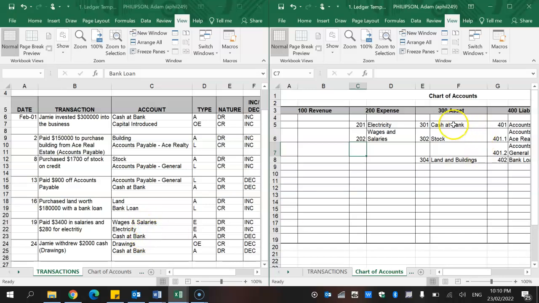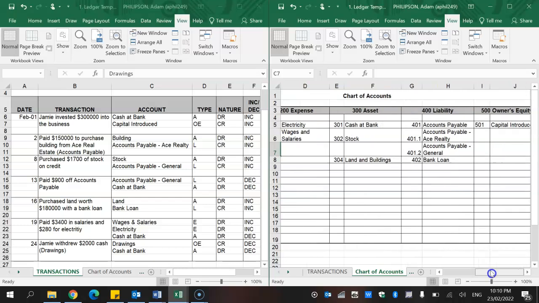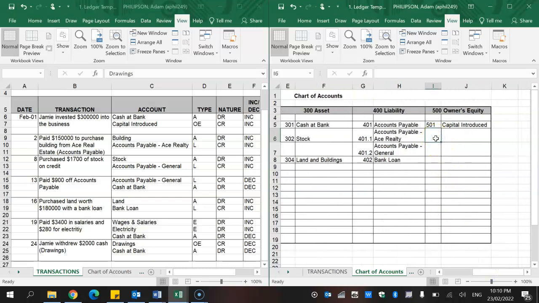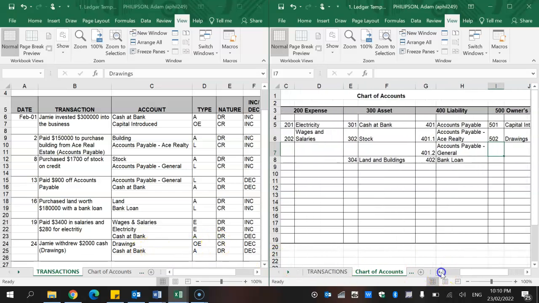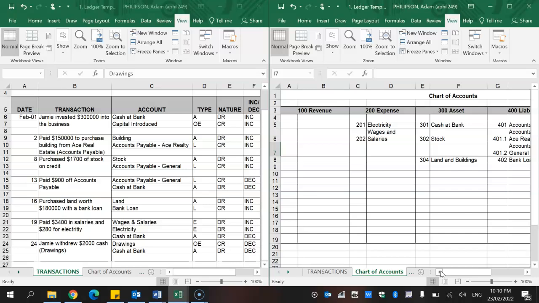Cash at bank, we've already got, so we don't need to put it in again. Drawings is a new one, so we come over here, 502. Drawings, and cash at bank we've already used, so we don't need to put it in again. Okay, Jamie Demetriadis is a fairly easy example.